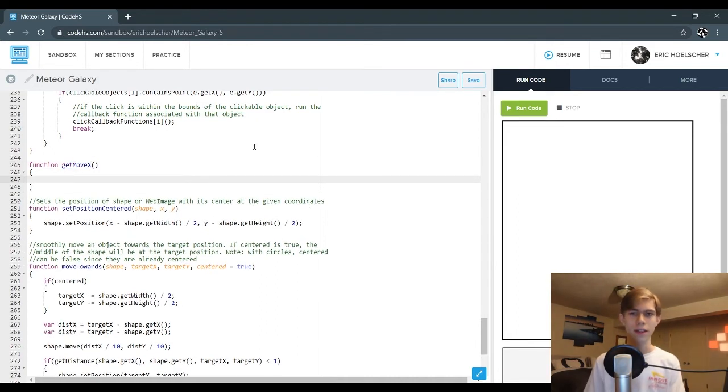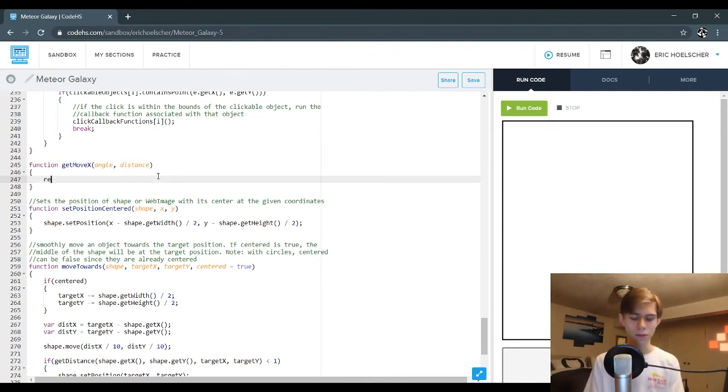This will get the distance that we need to move in the x direction, based on an angle and a distance. Angle will be the angle of the object. Right now we're going to do the ship, but later we'll have other things like laser beams and meteors. And distance is how far it's going to travel at that angle, and it'll return how far it needs to move in the x-axis.